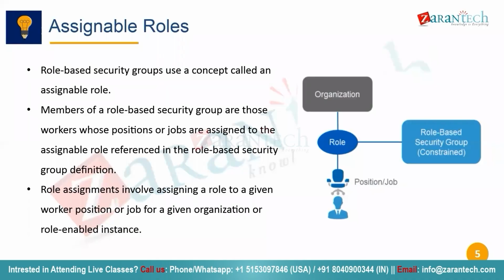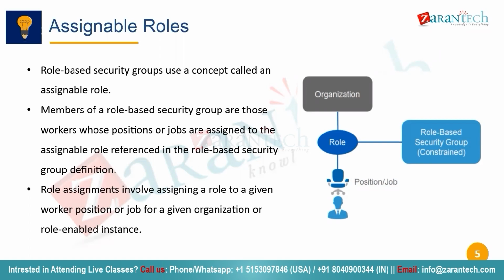So within a role-based security group, you will see an assignable role, and you assign a role to a given person or a position. Okay, so there is a linkage between the specific role-based security group as well as the person. So for example, you are assigning technically yourself benefits admin, right?